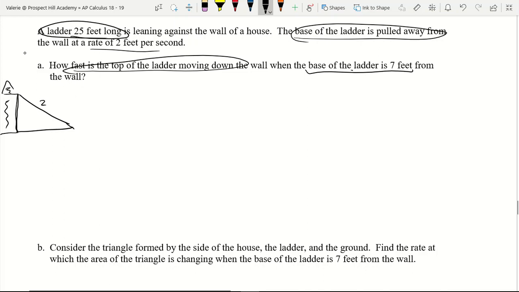So let's label what we know. We know the ladder is 25 feet. We know the base, so I'll just call it B. The rate of the base, dB/dt, is 2 feet per second.